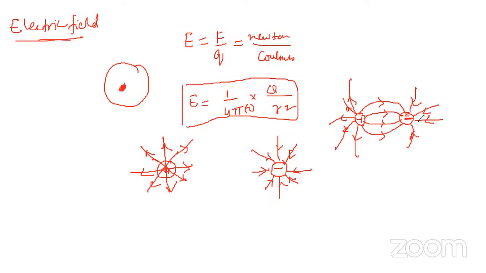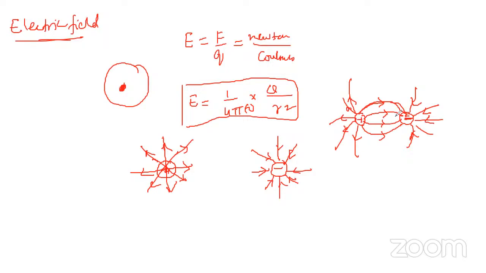So these are the electric lines of force, and in between they go from the positive to the negative charge. There are some properties also for electric lines of force.